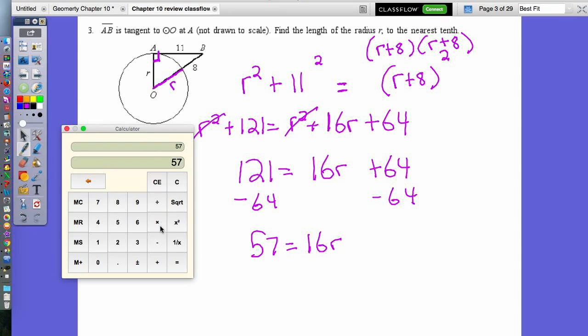And 57 divided by 16 is 3.5625. It says round to the nearest tenth. The answer is 3.6.